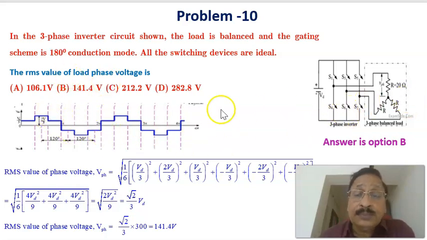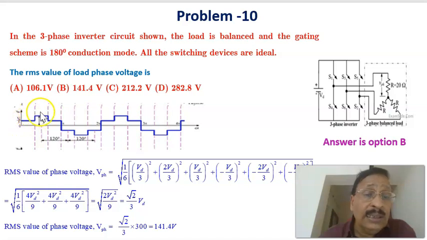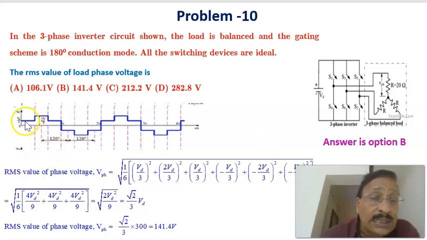Here, for a 180-degree conduction, this is the plot of the phase voltage, showing when the voltage is changing. The phase voltage is Vs by 3 from 0 to 60 degrees, then plus 2Vs by 3 from 60 to 120, again plus Vs by 3 from 120 to 180.